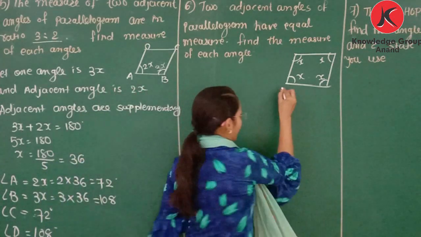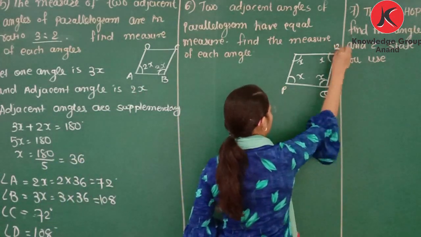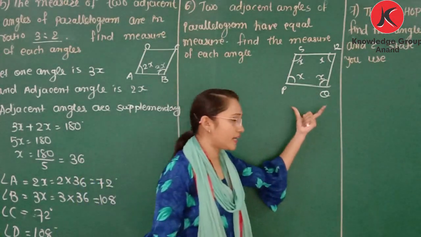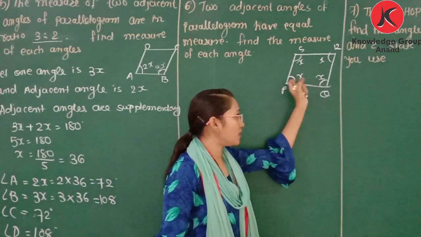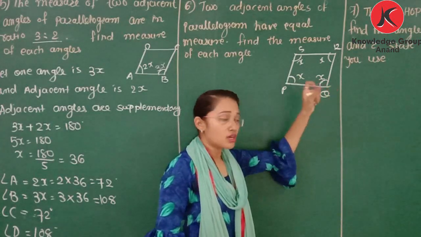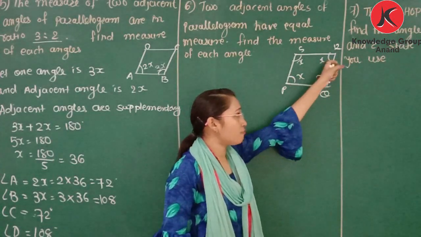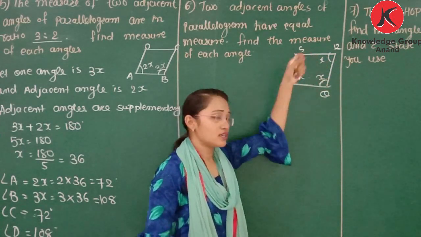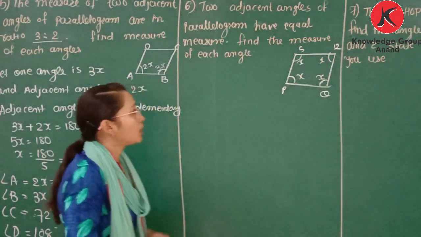Let's say the parallelogram is PQRS. Then P and Q are adjacent angles, and if they are equal, then P is equal to x, Q is also x. The opposite angle of P is x, and the opposite angle of Q is also x. Clear?